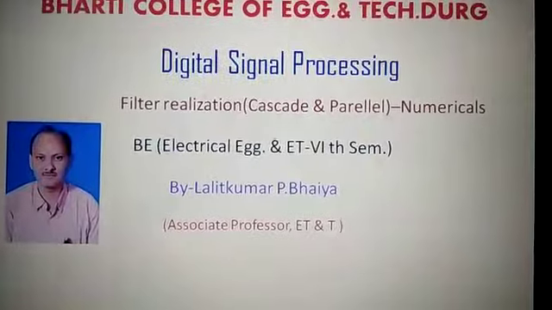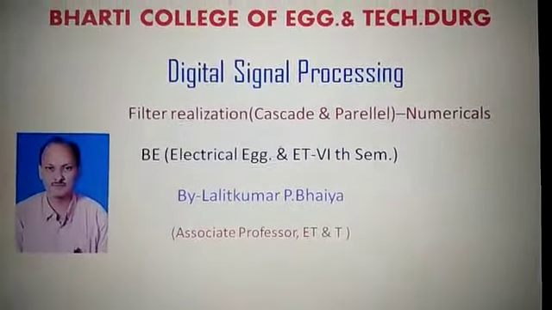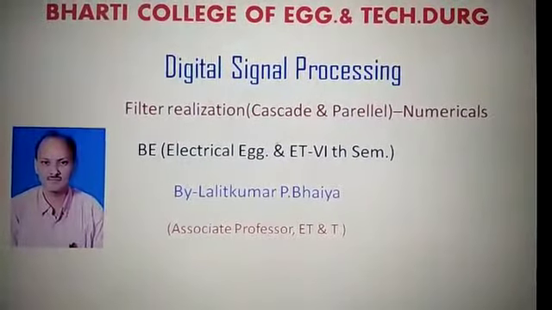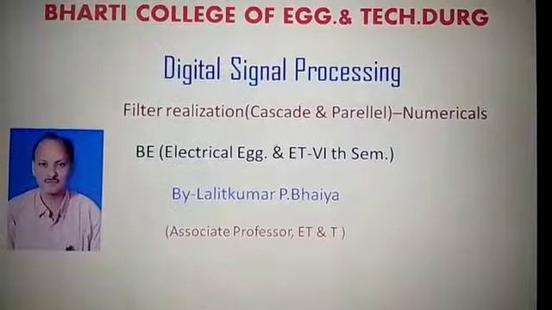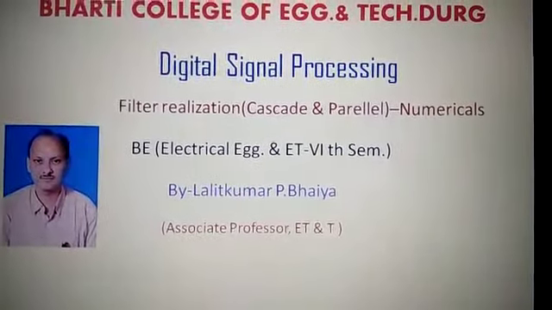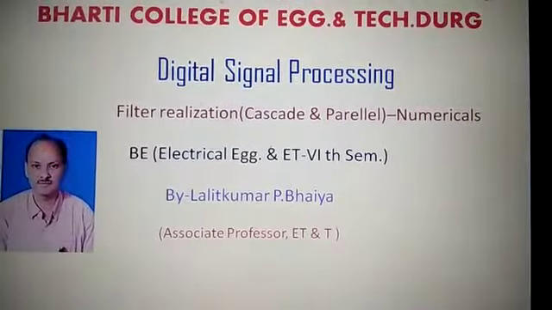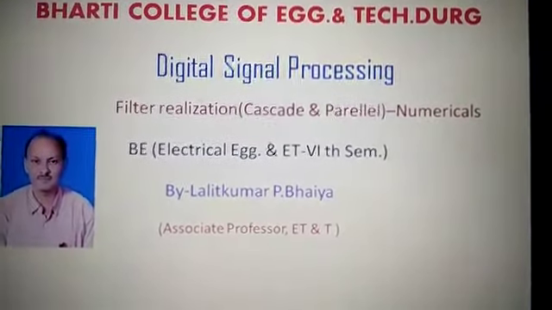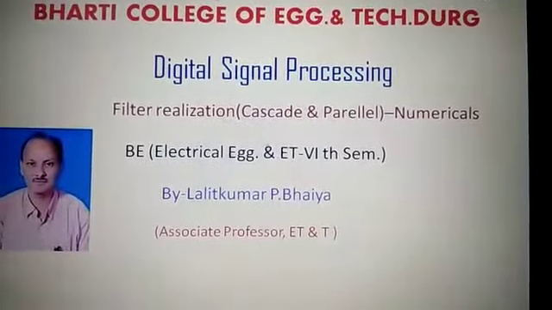So while realizing in cascade, we will modify the basic transfer function H of z of a filter into a product of the different terms H1 of z, H2 of z, H3 of z and so on. And then we will cascade this H1, H2, H3 one by one in direct form 2. This is called cascade realization.